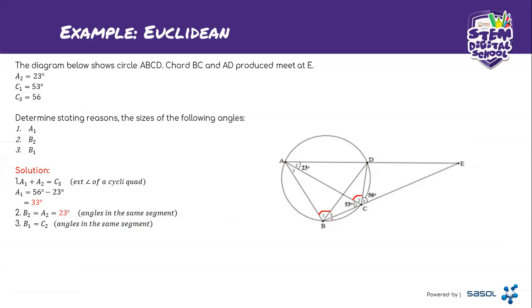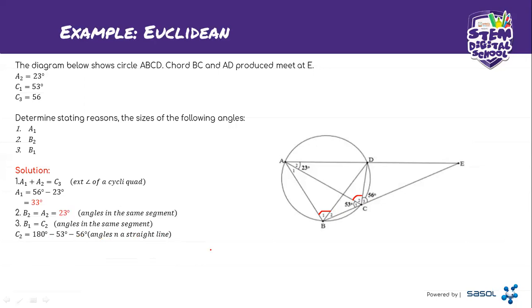Now, you can see that it's possible for us to determine angle C2 because this angle is part of these two other angles, and they are on a straight line. Then we know that angles on a straight line are supplementary. So we determine angle C2, which is 180 minus 53 minus 56, angle on a straight line.